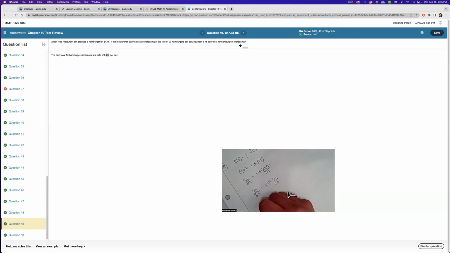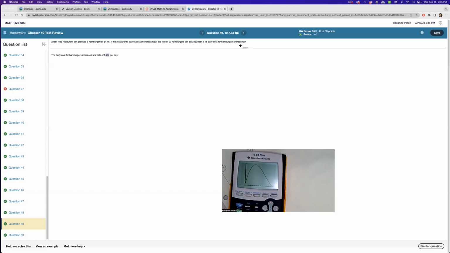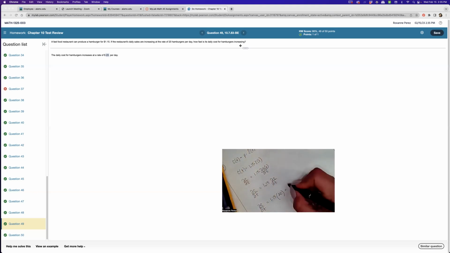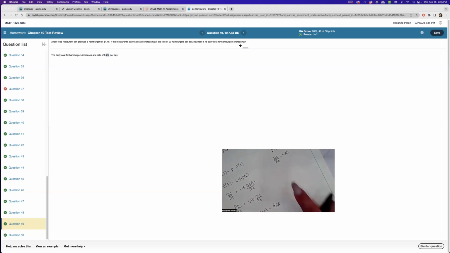And so dC/dT equals 1.15 times 20. I need a calculator. 1.15 times 20 is $23. So the daily cost for hamburgers is increasing at a rate of $23 per day, given that they're increasing their sales by 20 additional hamburgers.